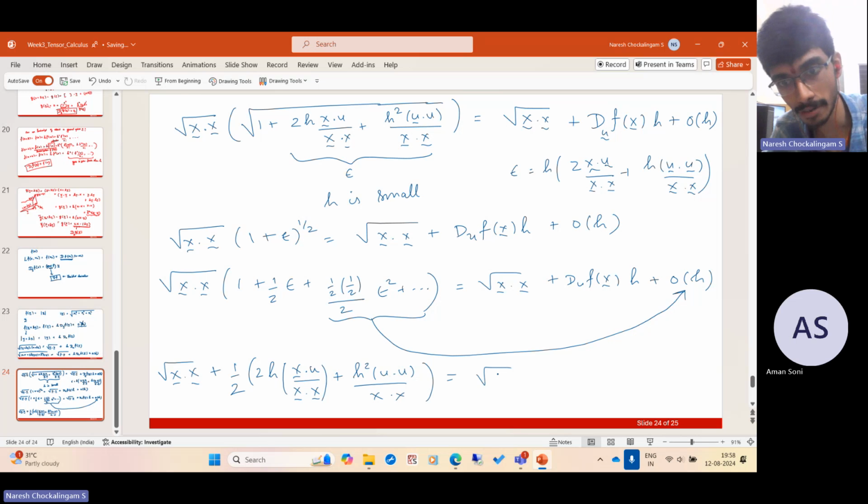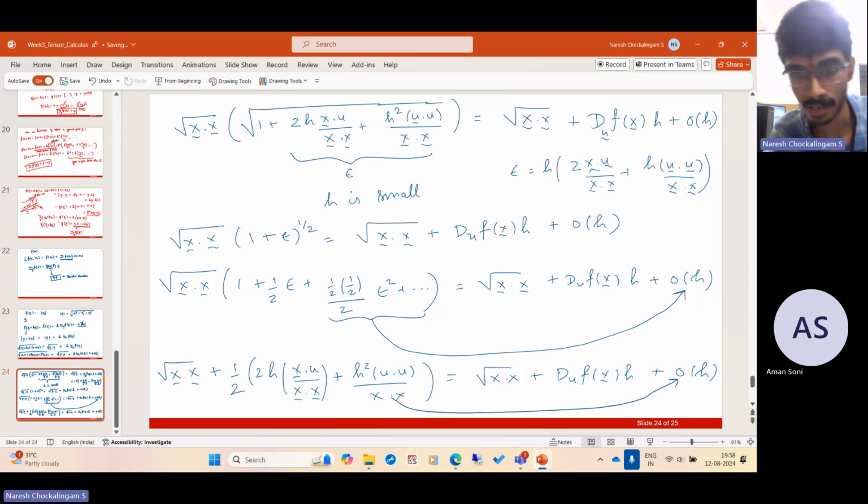This is equal to square root of x dot x plus du f of x h plus order of h. This h square is also going to 0 faster than h, so it can also be absorbed into this. And you can cancel out this square root x dot x on both sides.